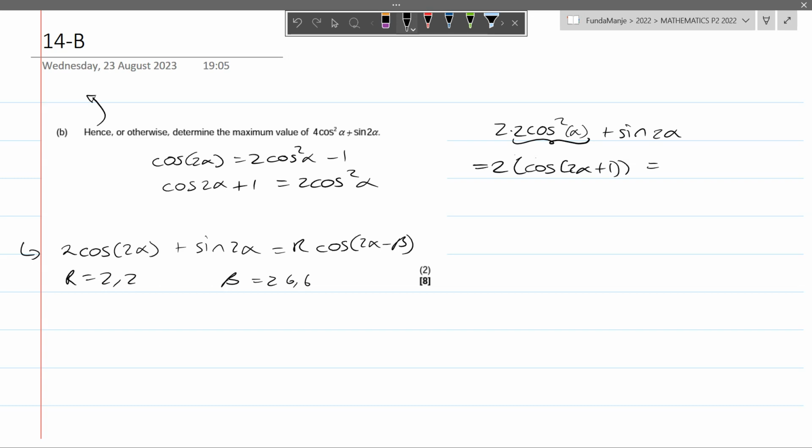plus sine 2 alpha. Then we can expand this out to get 2 cos 2 alpha, plus sine 2 alpha, and then put the plus 2 outside.